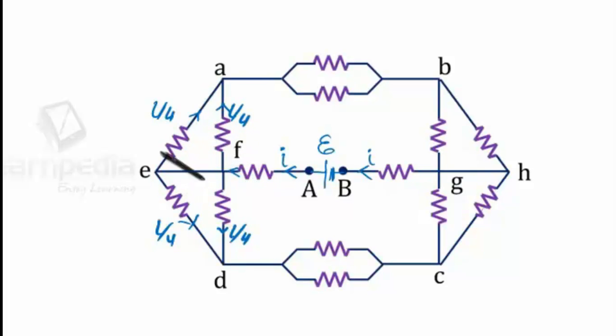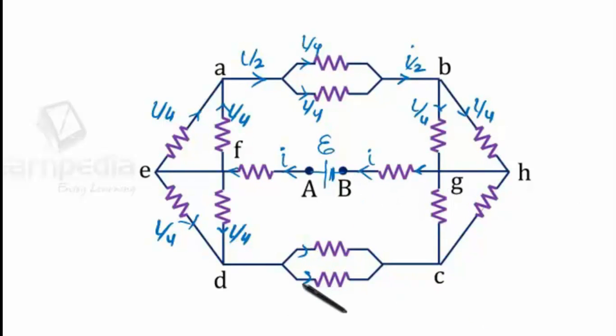So the current will be equally divided between these two, I by 4 each. Then it gets added and becomes I by 2 again, and in the same manner it becomes I by 4 and I by 4, and then again here it becomes I, and in the same manner the distribution will be there for the lower half of the circuit.